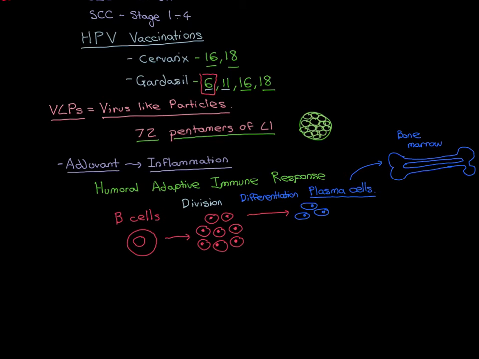So they start production, and they absolutely chuck out antibodies. So now from the bone marrow you'll be getting a huge amount of antibodies being produced, and these antibodies will go into the bloodstream. So this is what you're going to start activating against the HPV6 L1 protein.